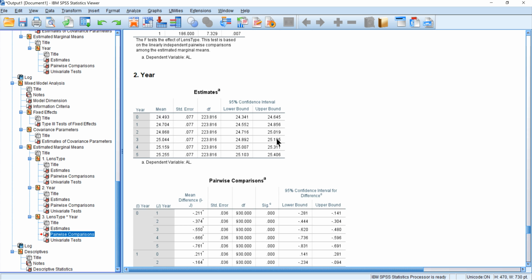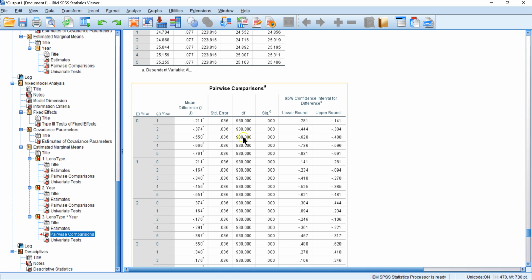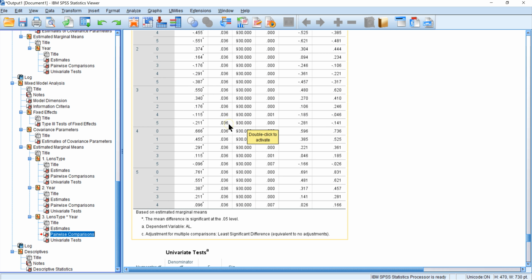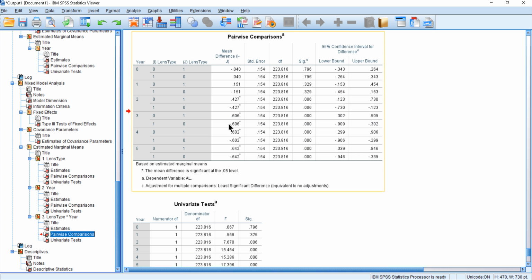When you're looking at the individual years, they add up and give you a lot more degrees of freedom and sensitivity, but the one-way year analysis is less important than this one.